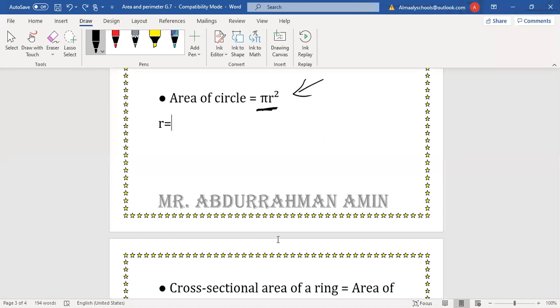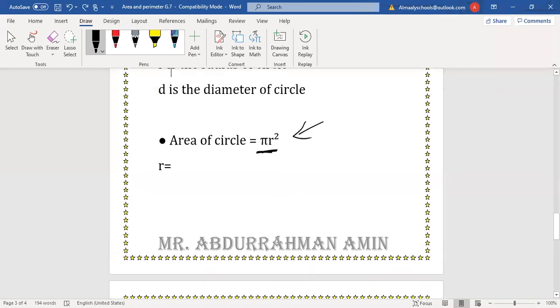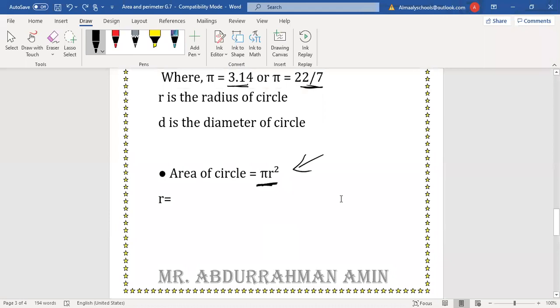We know that C equals 2 multiplied by pi multiplied by R, that's right. So how to write R as the subject of the equation? Who can write it? Raise your hand to answer.